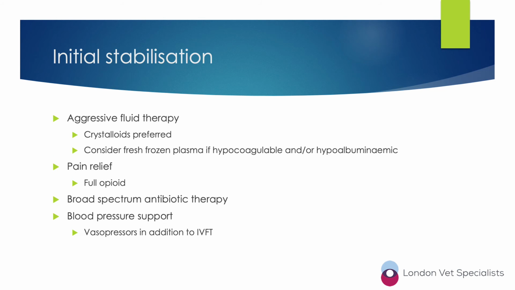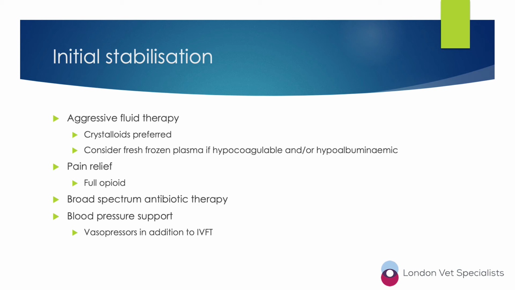So the initial stabilization again is going to be aggressive fluid therapy. Crystalloids are the preferred choice, aiming towards a mean arterial pressure of 65 millimeters of mercury. You can consider colloids, but you should avoid synthetic colloids, as they may cause kidney injury, so fresh frozen plasma if available, especially if the coag times are increased, or if the patient is hypoalbuminemic.